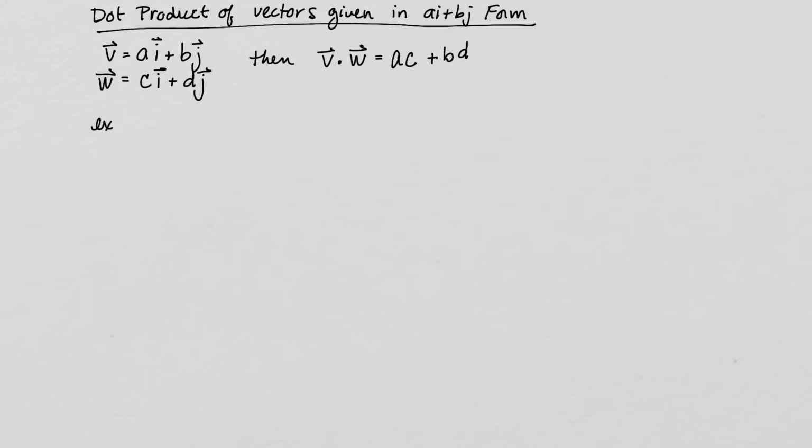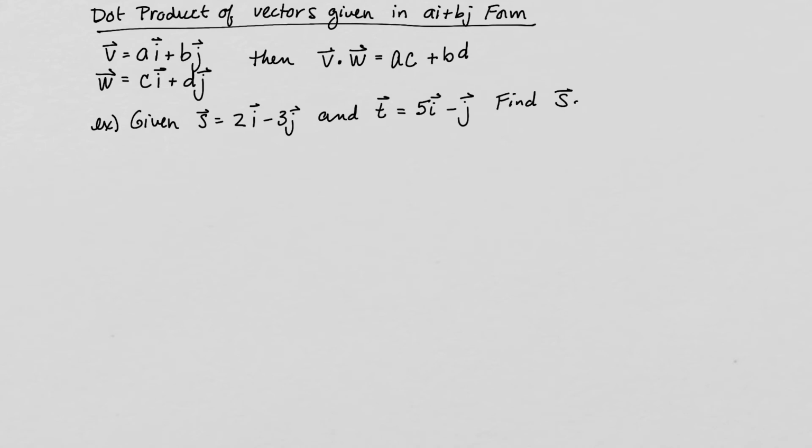So for example, given vector s equals 2i minus 3j, and vector t is equal to 5i minus j, find s dot t.